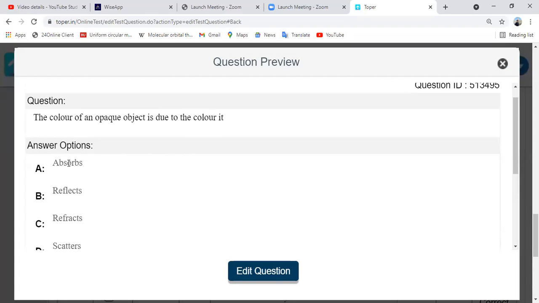If it absorbs, it will appear black. If it reflects, then color will form. If it refracts, then light will not reach us. Scattering, it may be red or blue. So yes, it reflects. Whatever object we can see, it is due to the reflection of light.